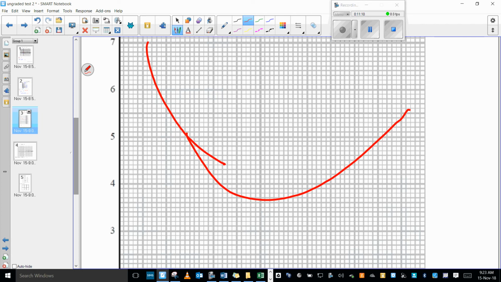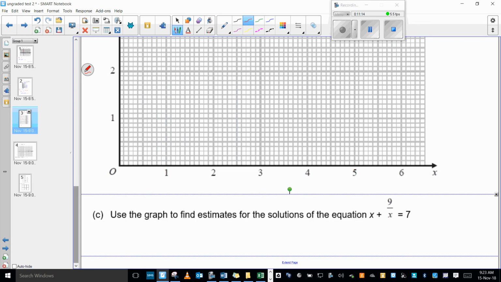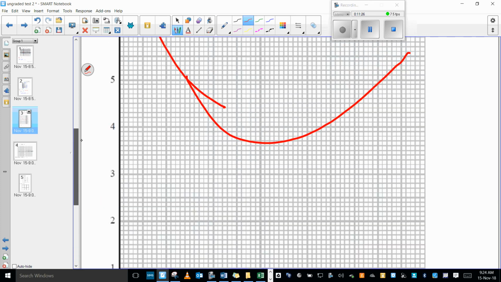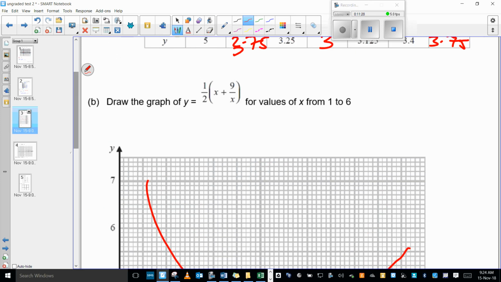Okay, what does it say here? Use your graph again to find estimates for the solution of the equation. This equals 7. Now, this is where we have to say, well, hang on a minute. That's not the same as this, is it? They have x plus 9 over x equals 7.